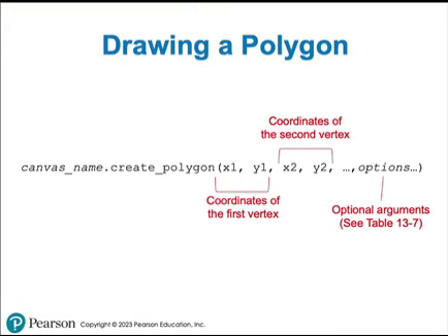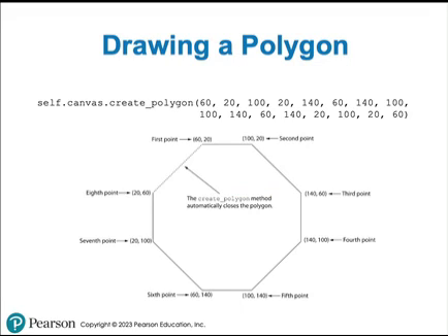To draw a polygon, you can go through and give the coordinates of the vertexes. So here it is basically giving you pairs of coordinates, and then it will draw lines. So it shows you the first point, second point, third point.